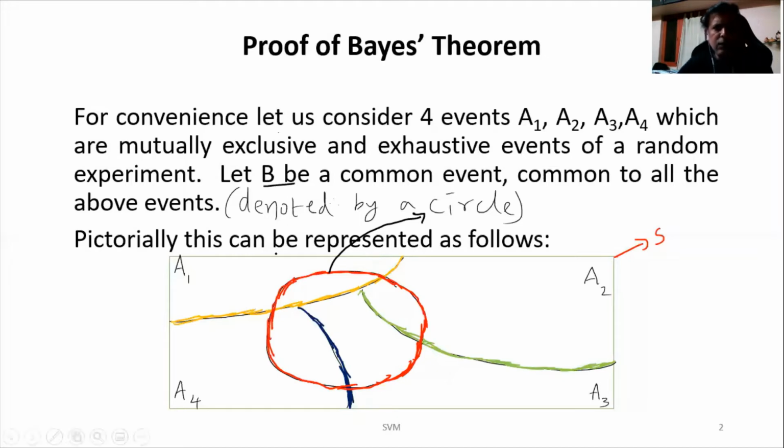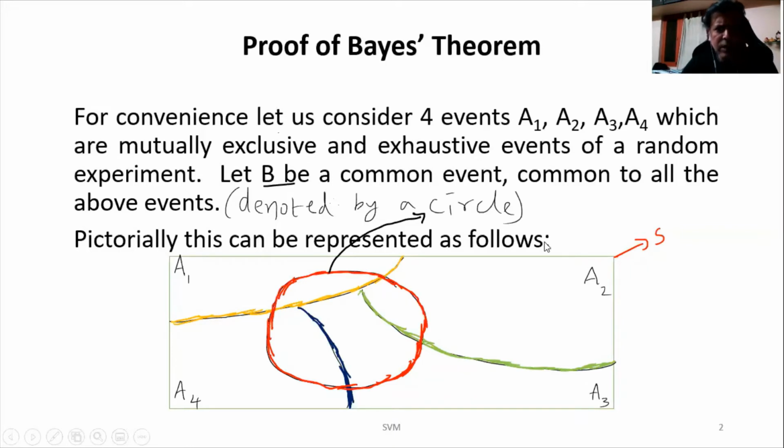Now, if I have to write this B in terms of A1, A2, A3 and so on, before that, we will try to understand this particular thing. What is this portion, this red color, wherever I'm moving my mouse, and then this yellow color?